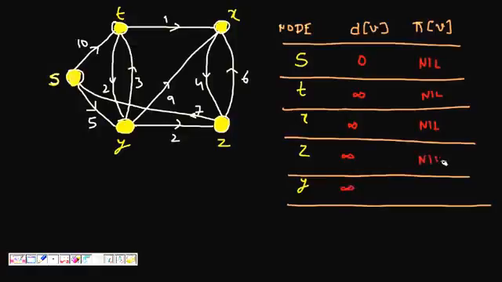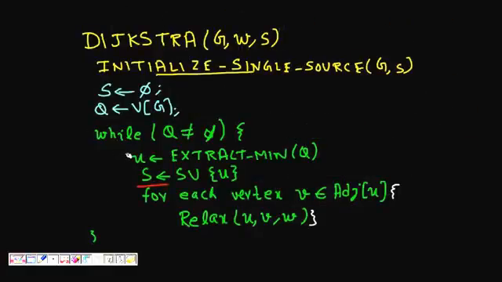This is the status of the graph after the initialization part, and this is done in O(|V|), that is, the number of nodes time. Then we have the set S that is empty now, and we have Q as the vertices of G.